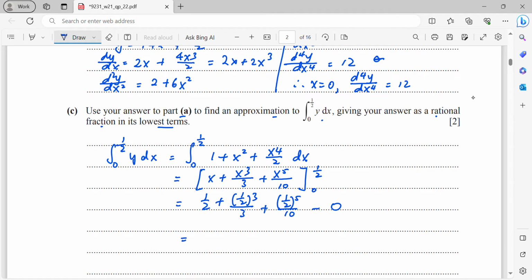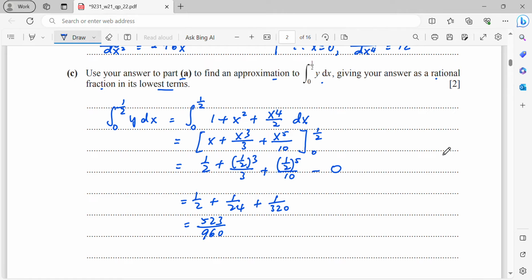So from here I will get half plus, 1 over 2 cubed is 1 over 8, so divided by 3, it will be 1 over 24. 1 over 2 to the power 5 is 1 over 32, then you divide by 10, it will be 1 over 320. So when you add up these three values, you will get 523 over 960. Okay, so this is the simplified rational fraction.